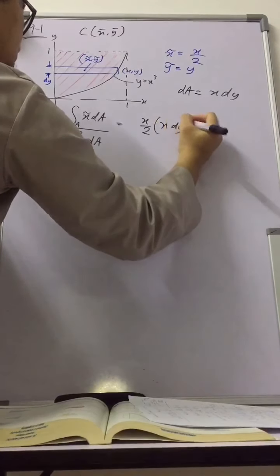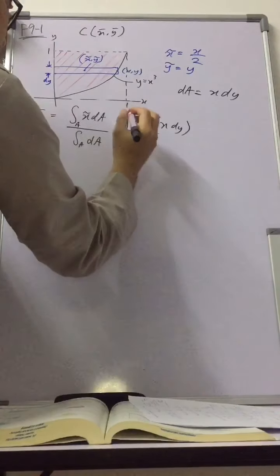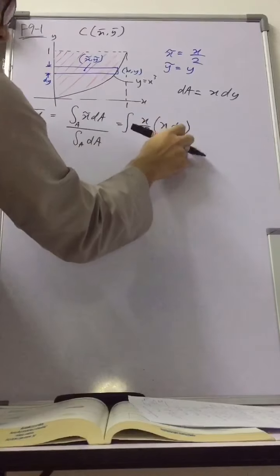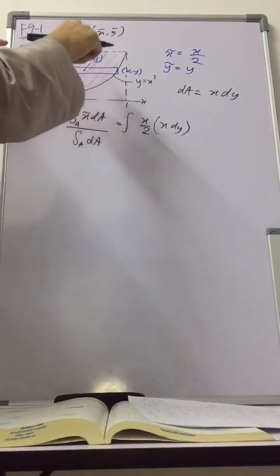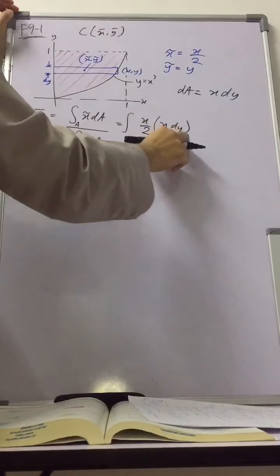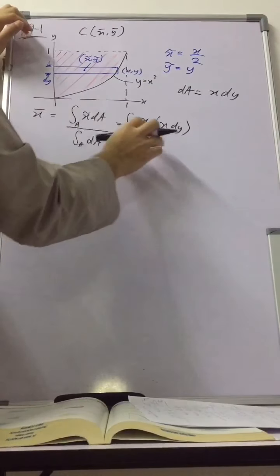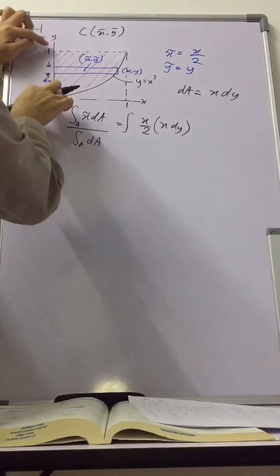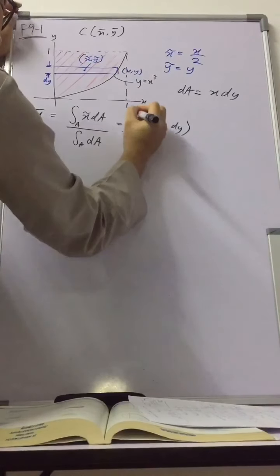Integration of this will be with respect to dy, because we have chosen this horizontal bar, horizontal area. If we have chosen dy, then we need to integrate from this point to that point, which means y equals 0 to y equals 1.